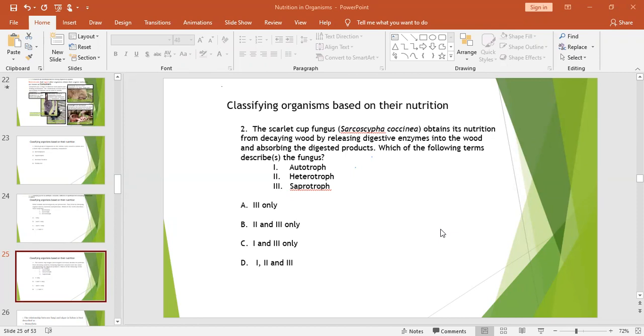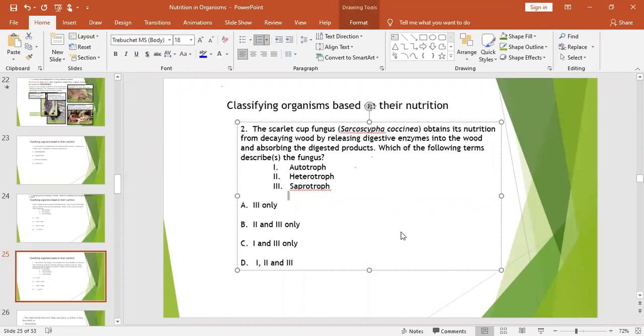You know, in biology, answers are very close. Now you can see that a saprotroph is an example of heterotroph. But remember the question. Here, there are two answers which are correct.